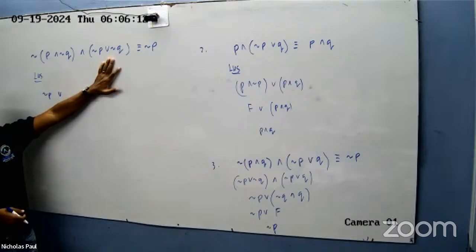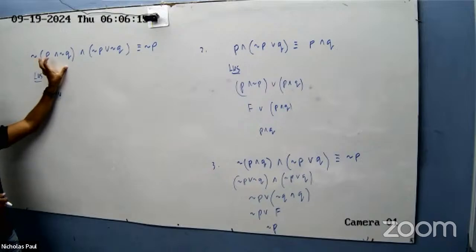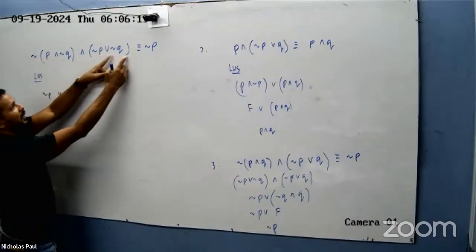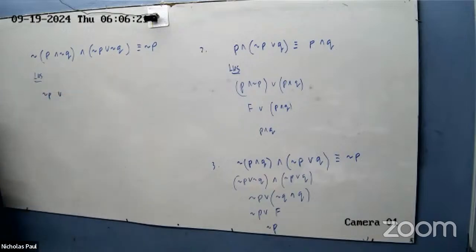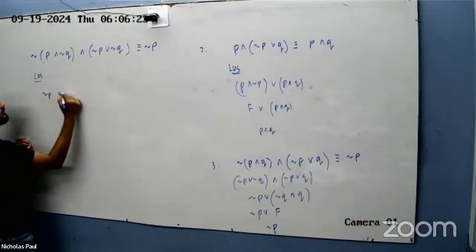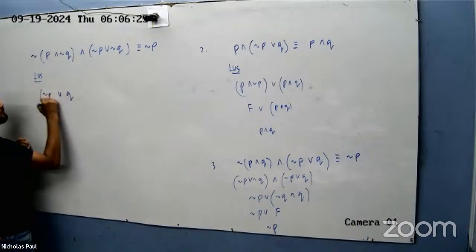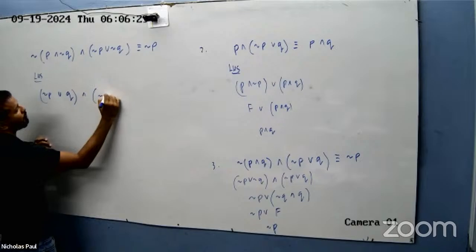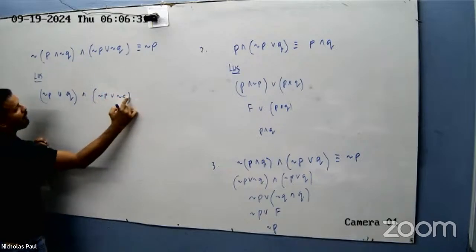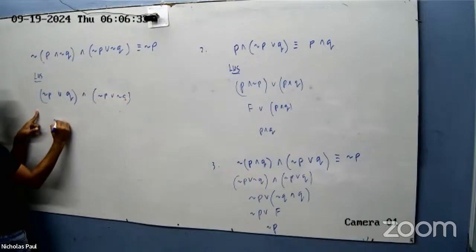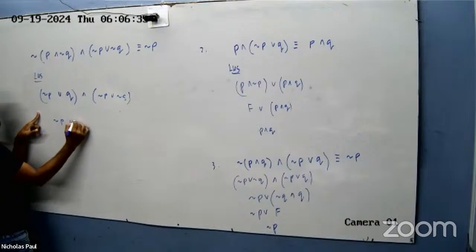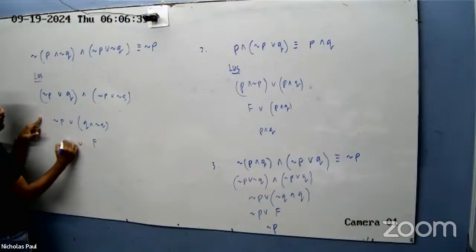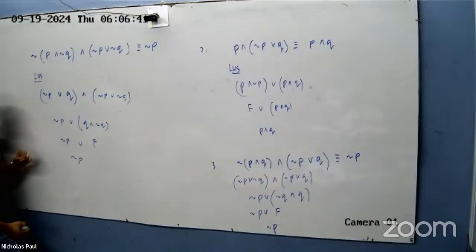No. You'll have to use the distributive law a different way, this by this by this, the whole thing. So when you reach here, take out the negation of P or, and you have Q and negation of Q. This is false, and the answer is negation of Q.